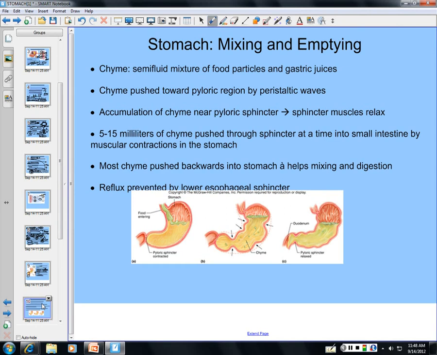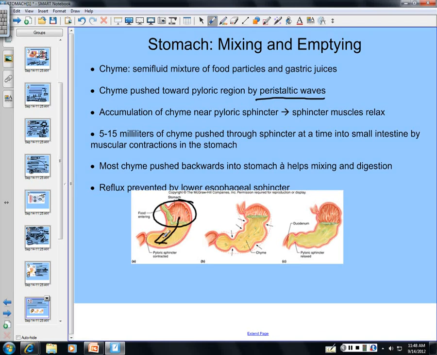The stomach exhibits a wave-like contraction called peristalsis or peristaltic wave. After a meal, it begins near the gastroesophageal sphincter, right here. And what does it do? It is going to produce a rippling action, and the chyme is pushed where?